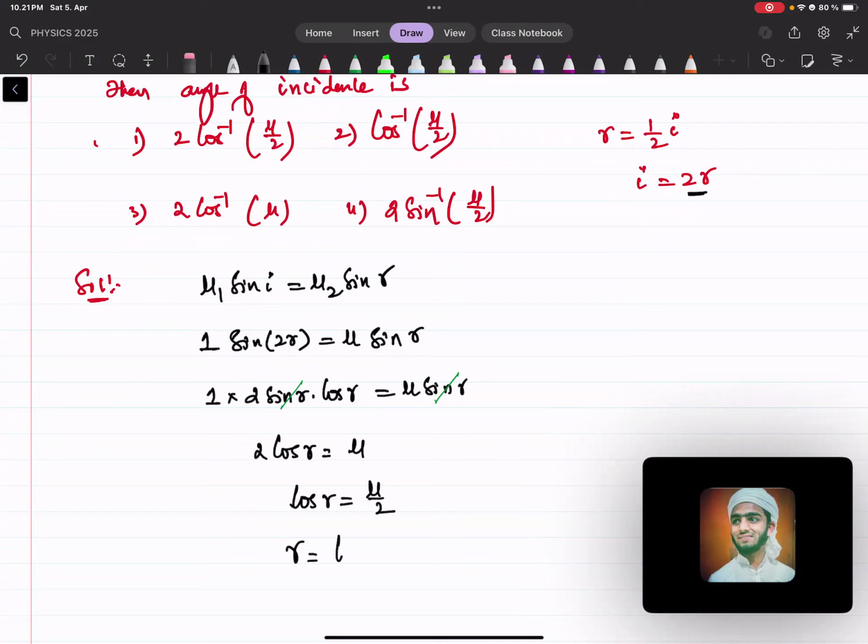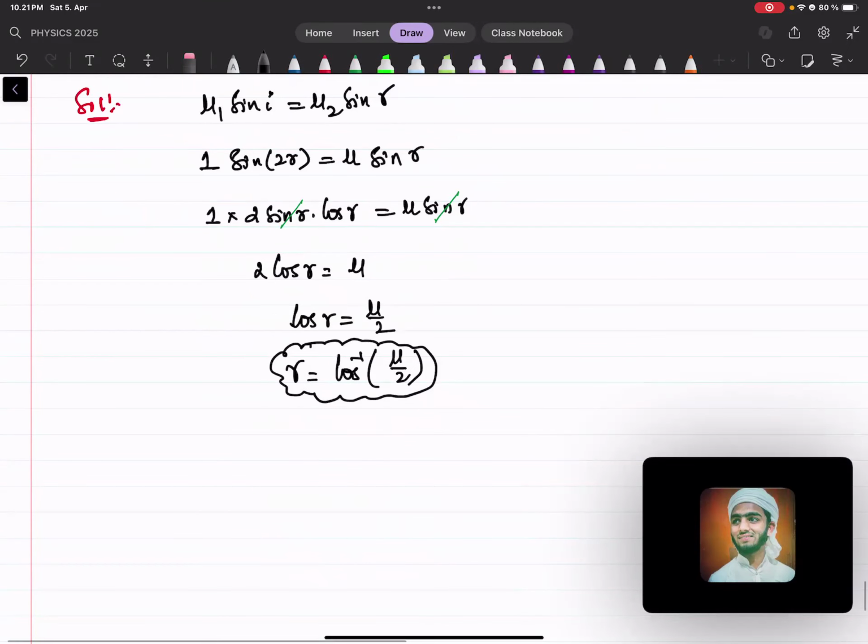So r will be equal to cos inverse of mu divided by 2. So this is your angle of refraction. It is asking for the angle of incidence, so the angle of incidence is 2 times the angle of refraction. So the answer is 2 times cos inverse of mu divided by 2. So this will be the angle of incidence.